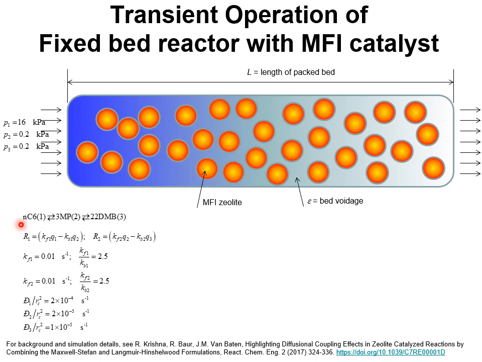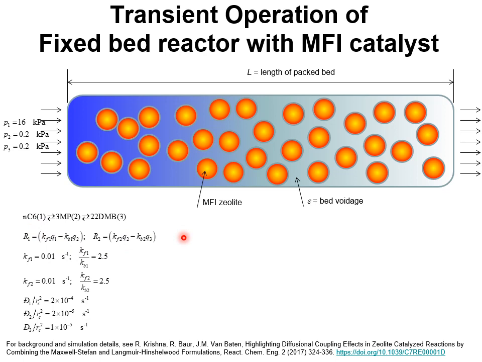We have a reversible reaction of the isomerization of NC6 to 3MP, with a reaction rate R1, and the isomerization of 3MP to produce 2,2-dimethylbutane with a reaction rate R2.